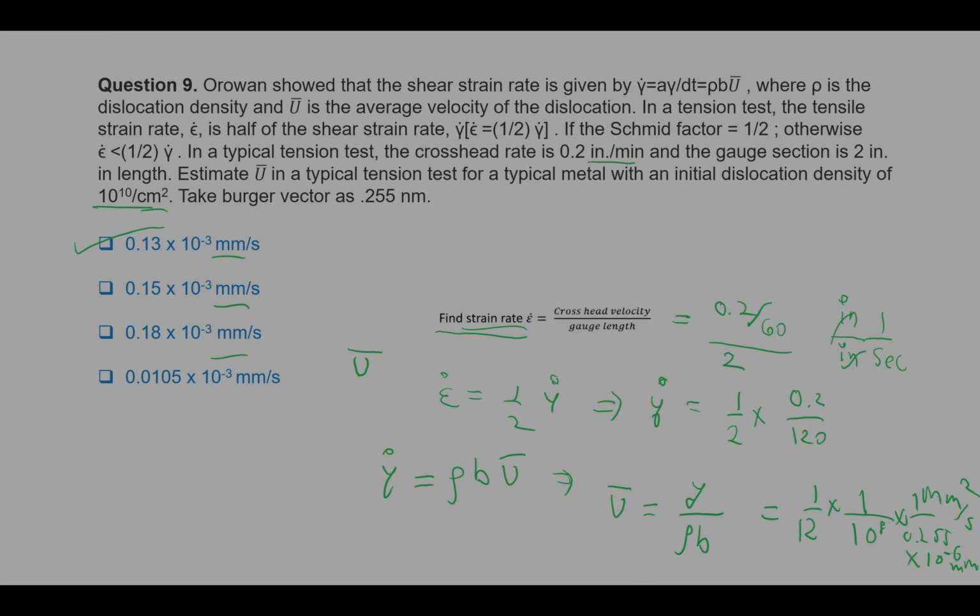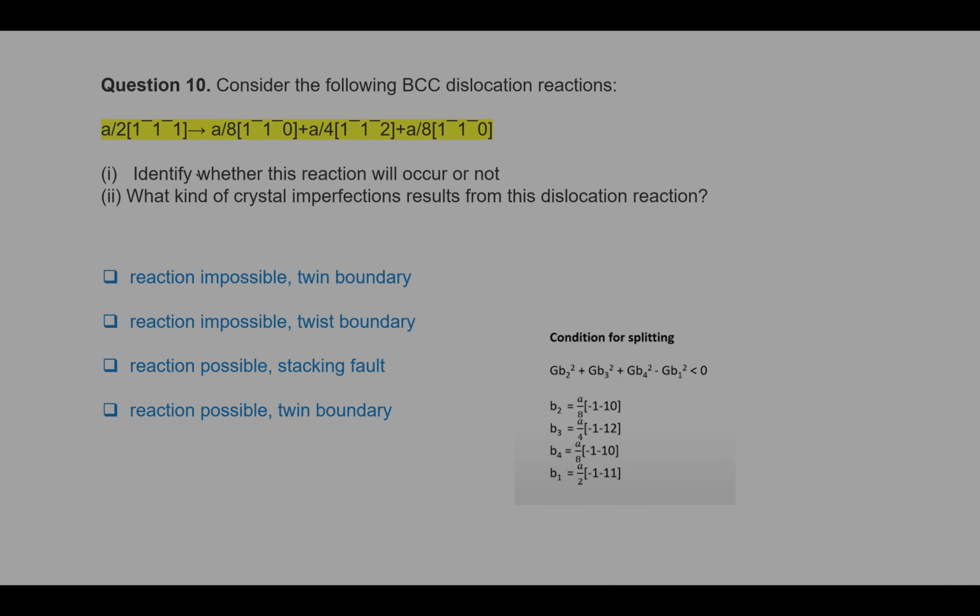Okay. Then question number 10. In question number 10, it is given: consider the following BCC dislocation reaction, A by 2 1 bar 1 bar 1 is equal to A by 8 1 bar 1 bar 0 plus A by 4 1 bar 1 bar 2 plus A by 8 1 bar 1 bar 0.